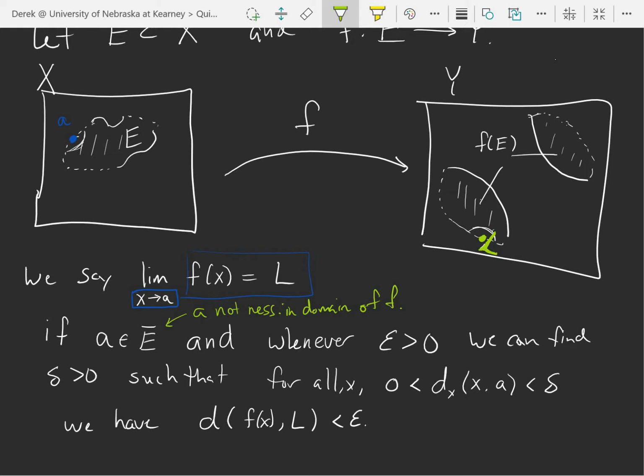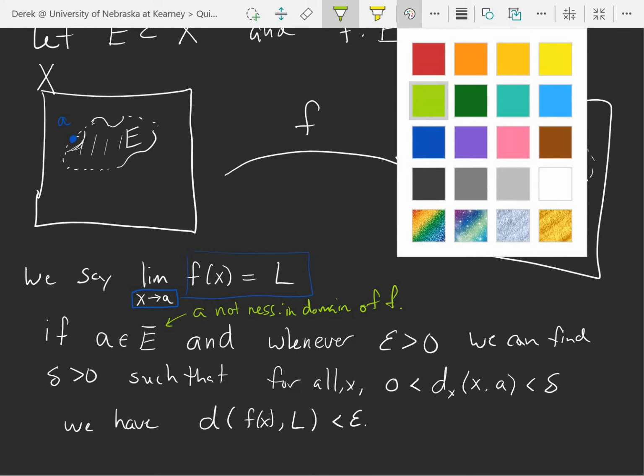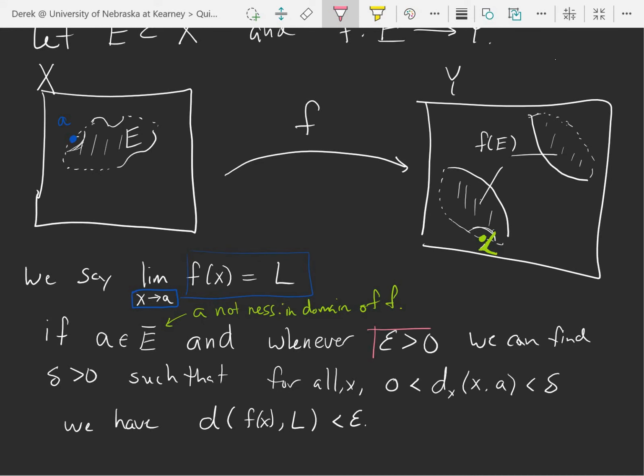Alright, and then let's look at this epsilon. Go with epsilon's bigger than 0. So epsilon is a range thing. So I want to draw a circle around L of size epsilon. So this is an epsilon radius.